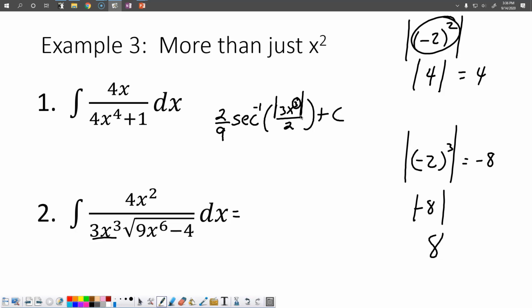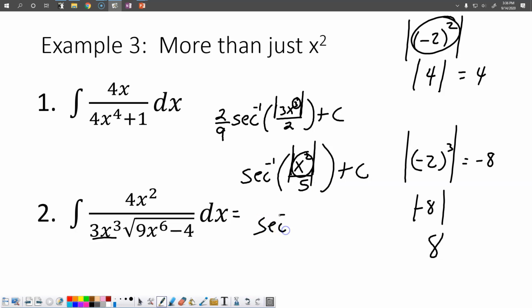But let's just say you were doing a problem that looked like this. And let's say you ended up getting this instead. Well, since squaring something makes it positive anyway, the absolute value bars really don't matter. So technically, you could write your answer like this.